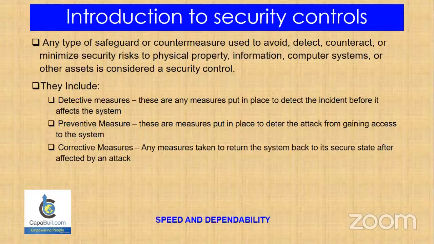Detective measures are any measures that are put in place to detect an incident before it affects the system. Yeah. So these are what we call the first line of defense. And most of the time in this case, they do not stop the attack from happening, but they alert the user to an attack that might affect the system. Yeah. So that is what we call detective measures.